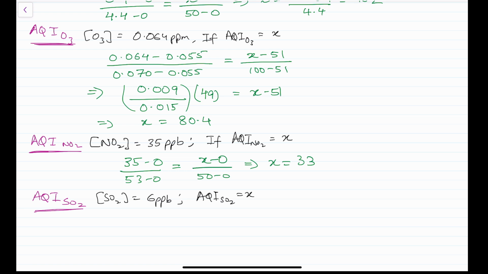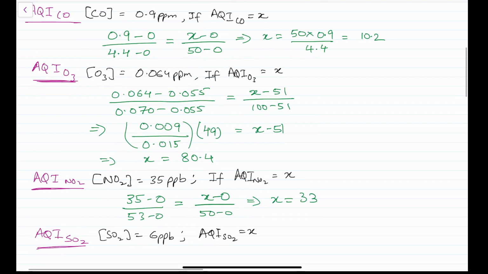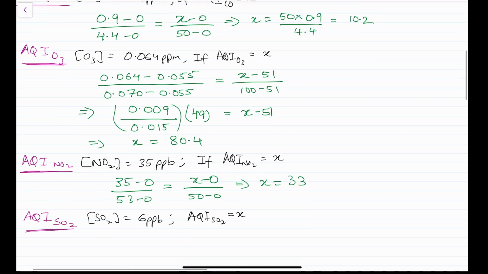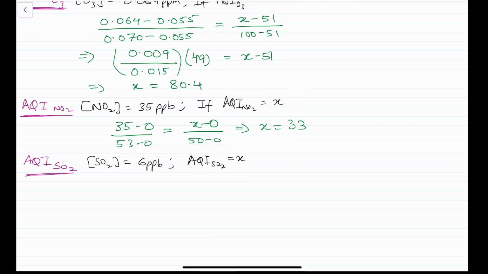And then if I look at the chart again for SO2, we're again in the first row, so we would have 6 minus 0 divided by 35 minus 0 equal to x over 50, and this would give us x equal to 8.6.